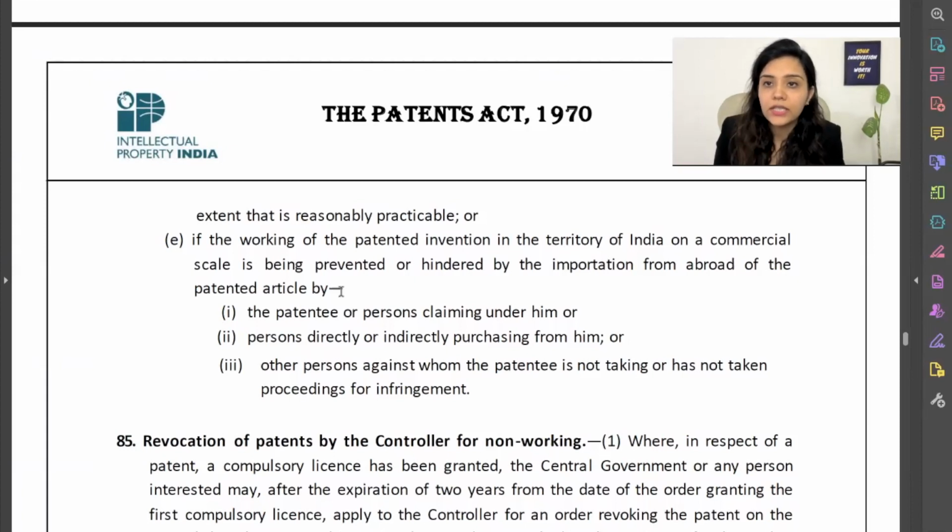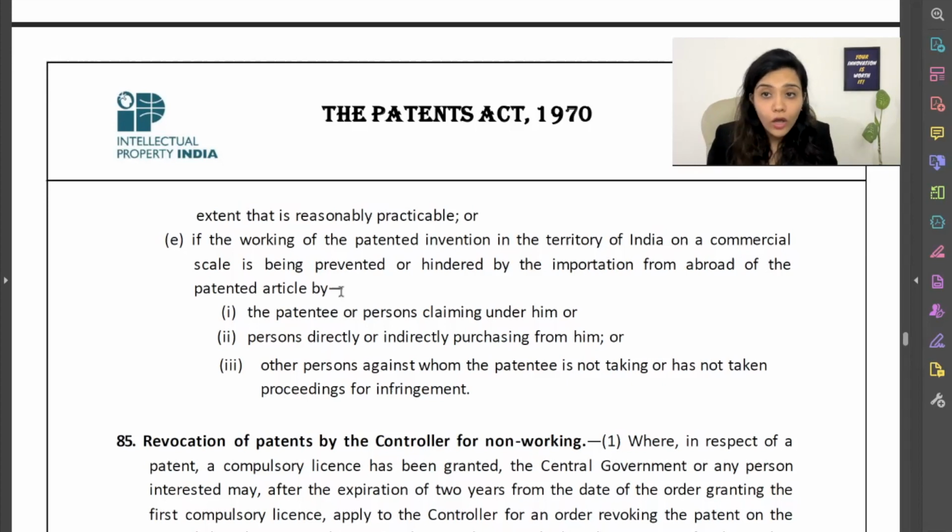If that is the case, then also it can become a ground for compulsory license. Why? Because India is not able to earn any profits from that technology. And if India is not able to earn any profits, or people of India are not able to use that technology, all we are doing is importing the stuff from outside, and people are not able to use it in India, or it is being hindered. If that is the case, it can become a ground for compulsory license.